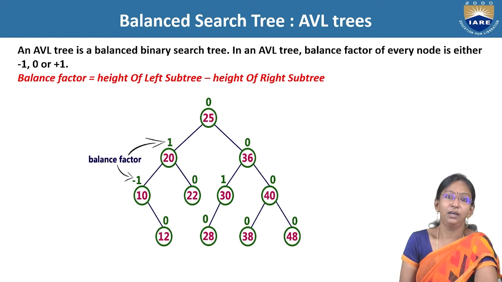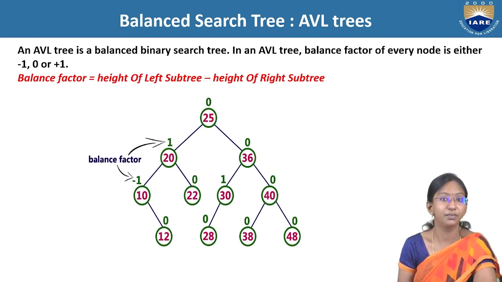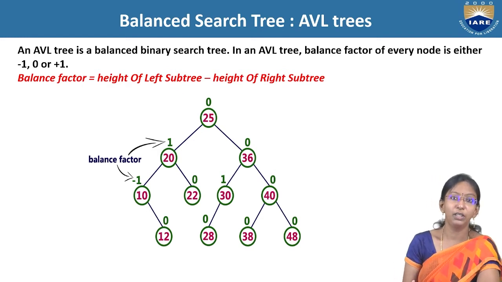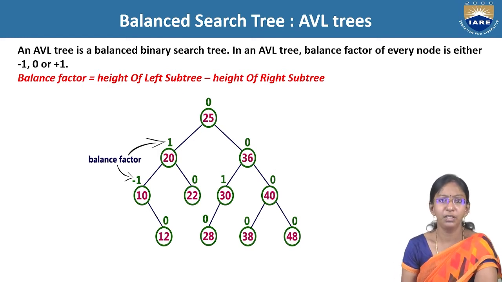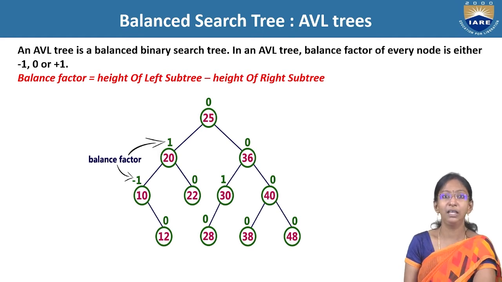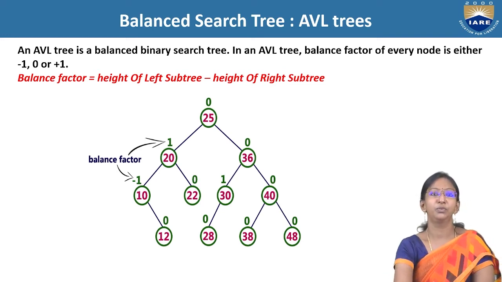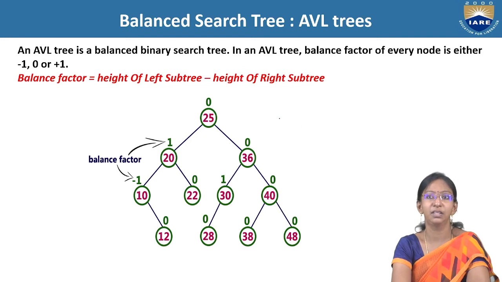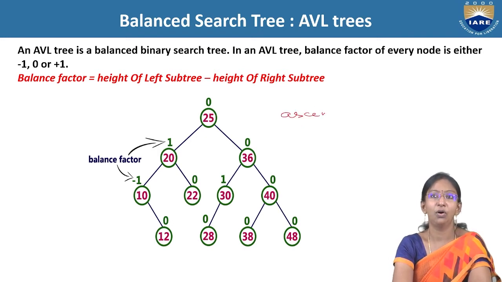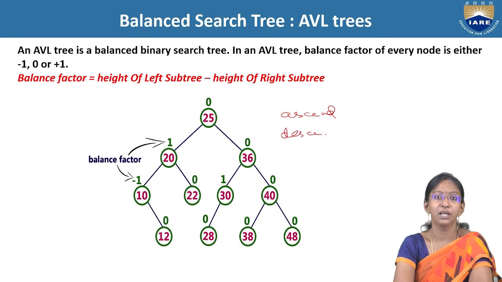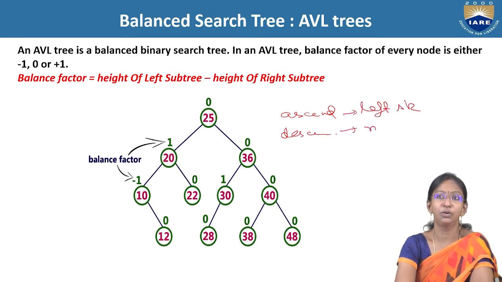And then BST is good, binary search tree is good, but it suffers from a problem. What if the elements which are being inserted are continuously smaller than the root? Or I can say that if the list of elements given to you to construct a BST is in ascending order or descending order, then you will get either a left skewed or a right skewed binary search tree.